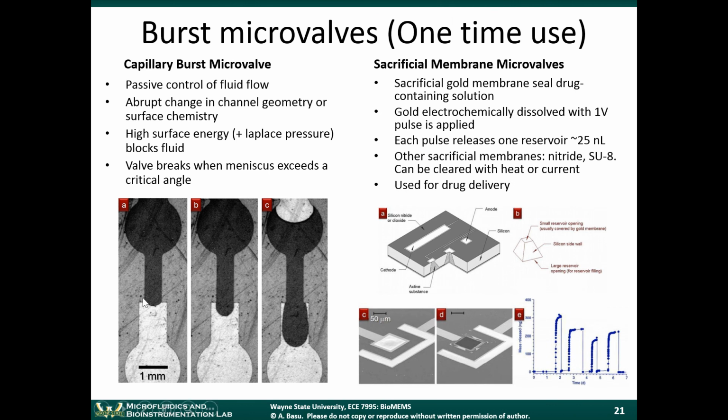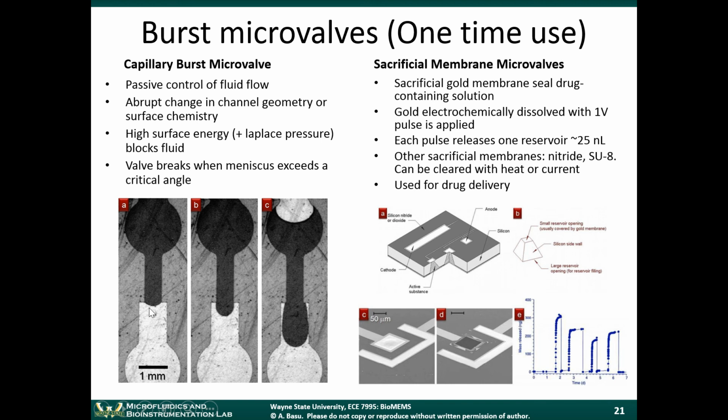If you have an abrupt change in the channel geometry or the surface chemistry, you can have a system where the fluid itself will block itself once it gets to a certain region of the channel. This is an example where you have a small channel going into a larger channel, and when this fluid forms a meniscus between the small channel and the large channel, that acts as a valve.